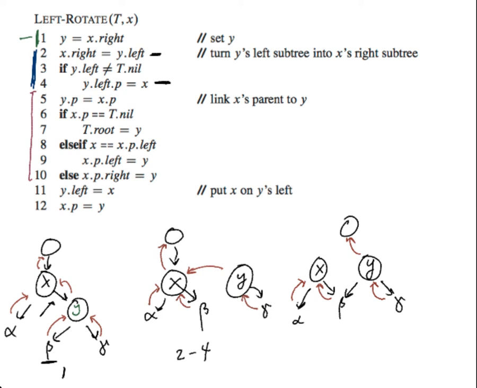Lines 6 through 7 are taking care of the root case. Let's look at lines 8 through 10. If x is the left child of the parent, then we're going to set the parent's left child to be y. In this case, x is the left child of the parent.